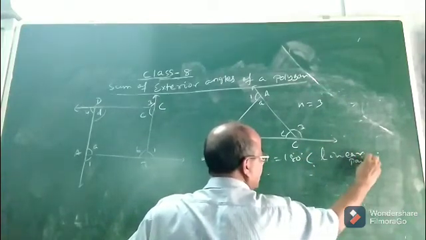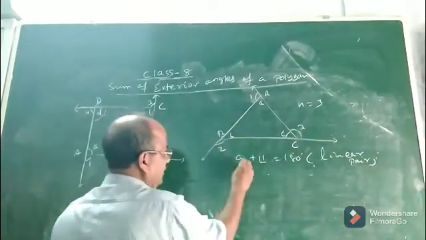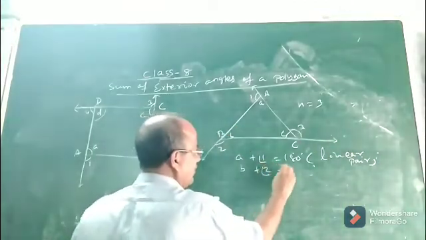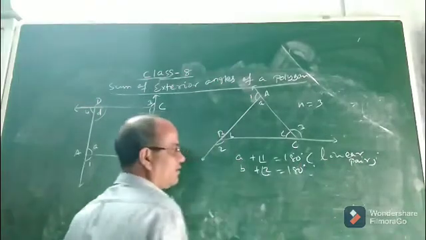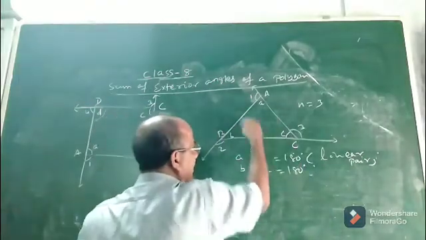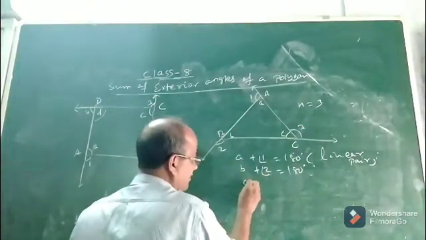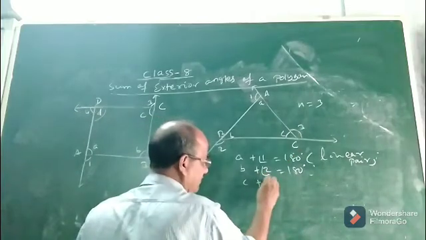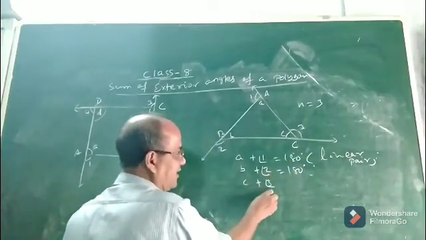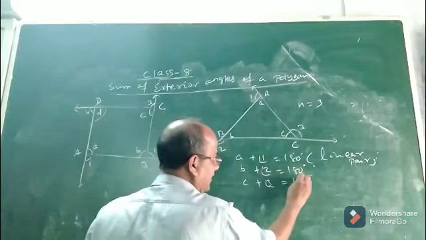Similarly, look at angle B plus angle 2. They also form a linear pair and their sum will be 180 degree. Similarly, in triangle ABC, angle C plus angle 3, interior and interior adjacent, their sum will be 180 degree.